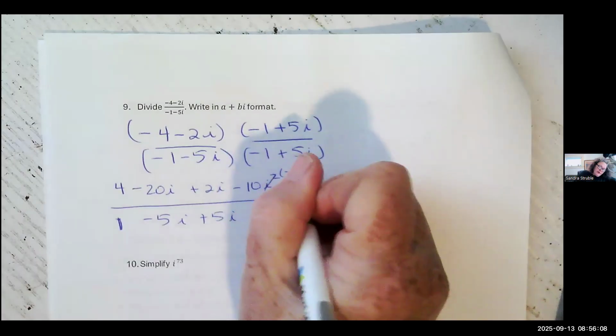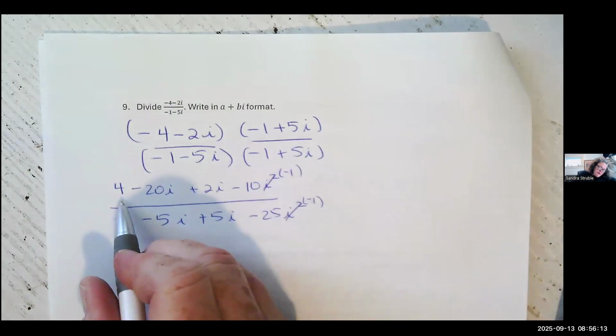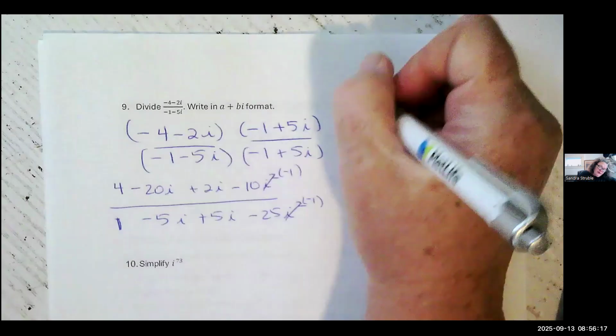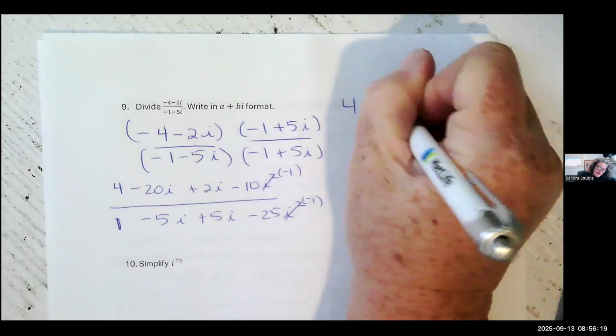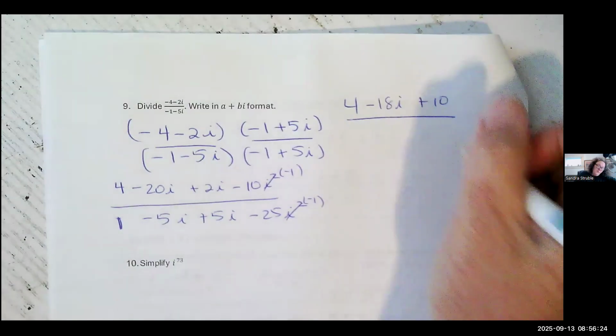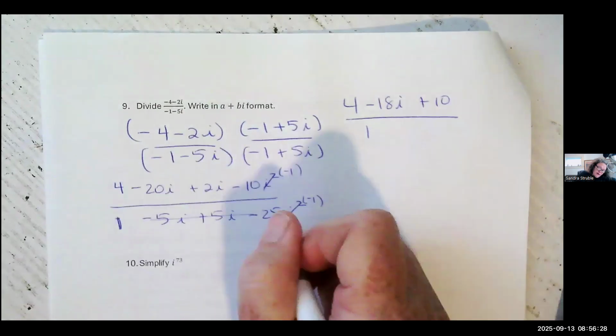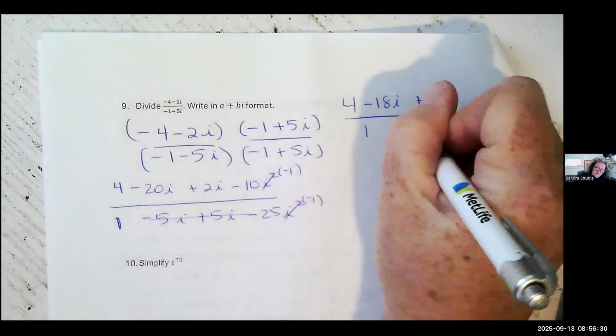Remember, your i squareds are -1. So this is, just reduce the middle two terms here. 4 minus 18i plus 10 over 1, this is gone, plus 25.